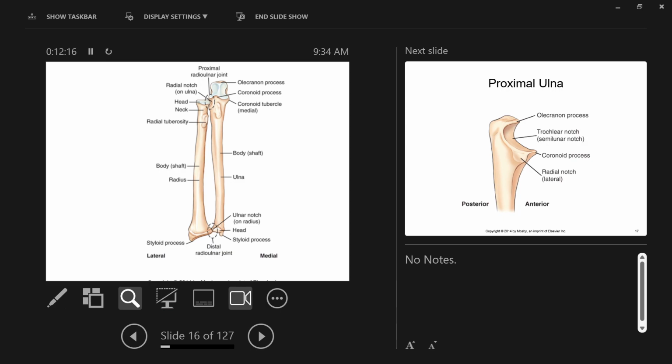So the epiphyseal line right there. And then you'll notice that there's the line that I drew in blue, but there's still bone past that. So this tip or end of the bone, which we have a little labeling like styloid process, which is just that little tip, but this whole thing at the end is going to be called the epiphysis.